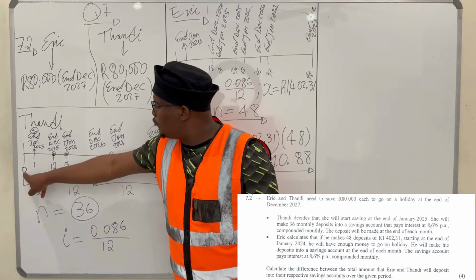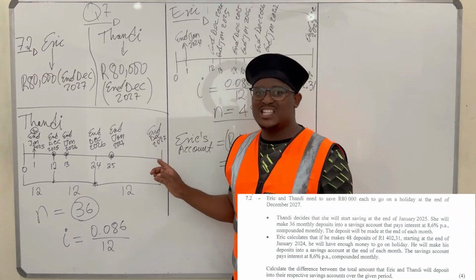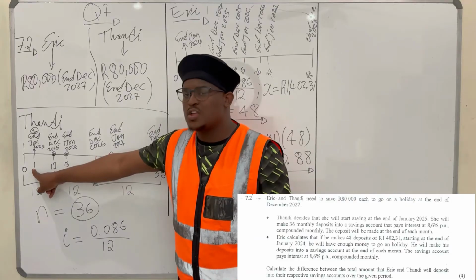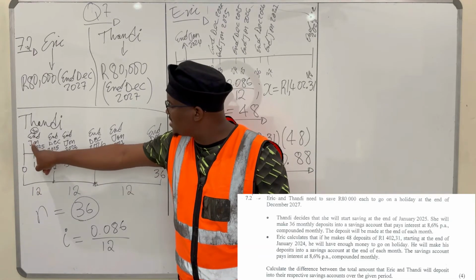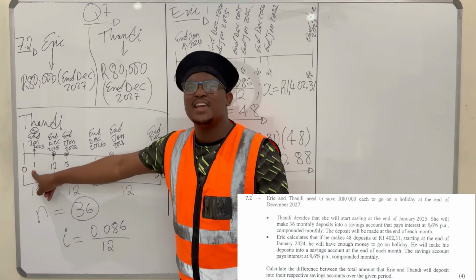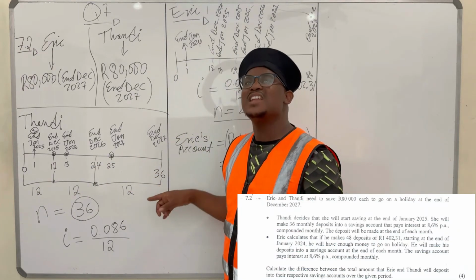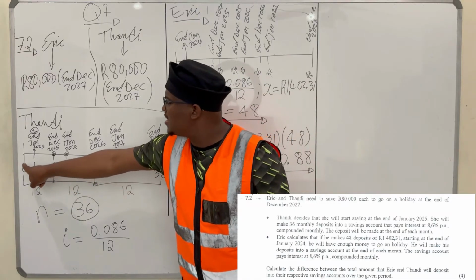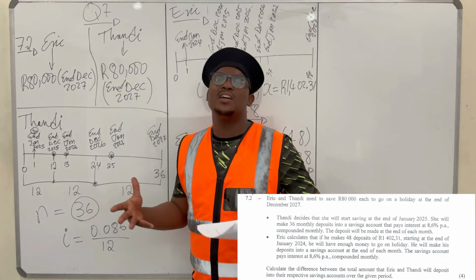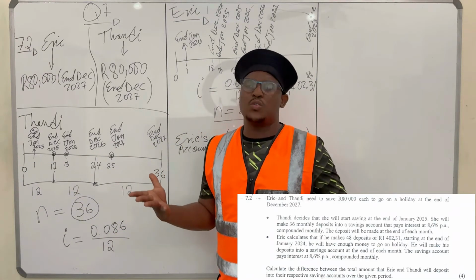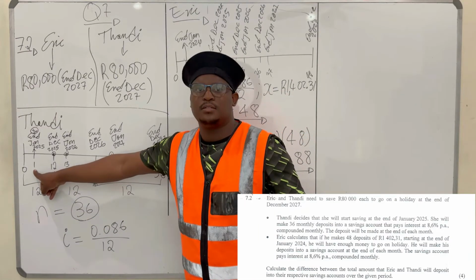So from 0 up to the 36th month, it was made at the end of January. So if the first deposit Tandi made was at the end of January, it stayed in that account for the remaining 35 months. It can't be 36, because the 36th month should be January, but in January there was no money for all of January until the end of January.